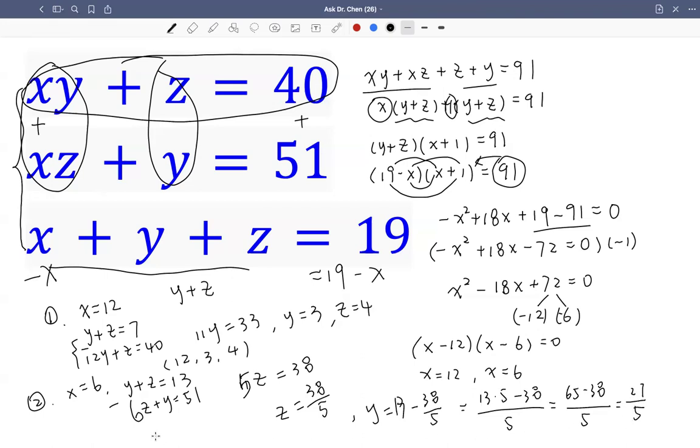All right, so the second solution is x equals 6, y equals 27 over 5, z equals 38 over 5. You may check them to see if I have made a mistake. All right, that's it. So we have two sets of solutions for this.